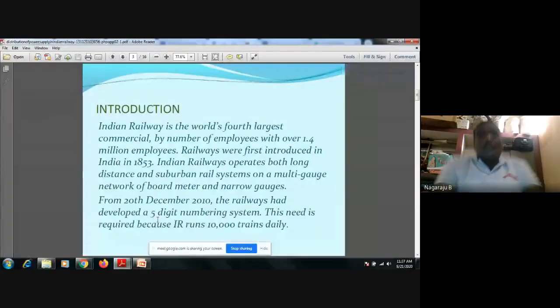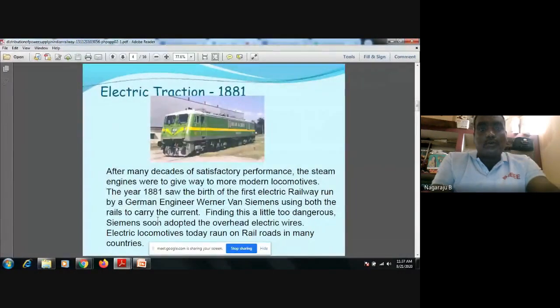So Indian Railways uses 25 kV. Indian Railways came into the picture in the year 1881.